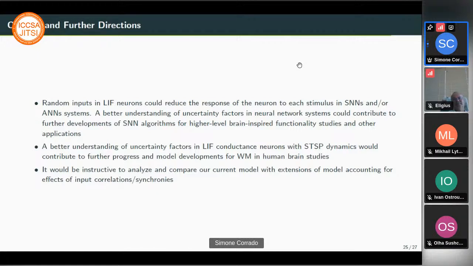Also, in comparison, what we did, as you see here, this short-term synaptic plasticity dynamics also contributed quite substantially in the applications when you look at, for example, working memory in the brain case studies. And of course, this model, as you understand, could be extended quite substantially.